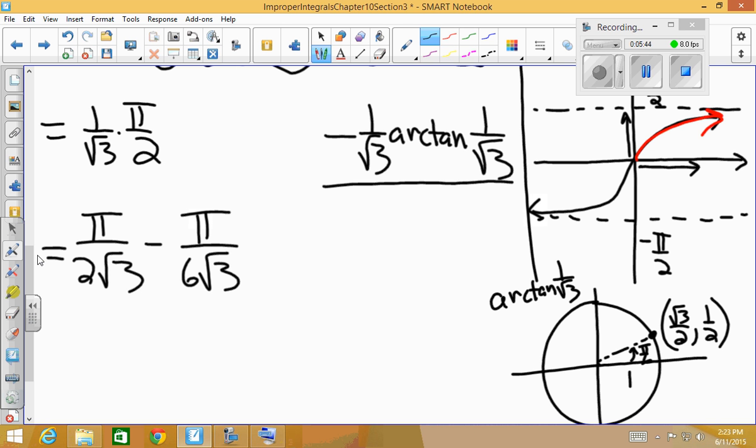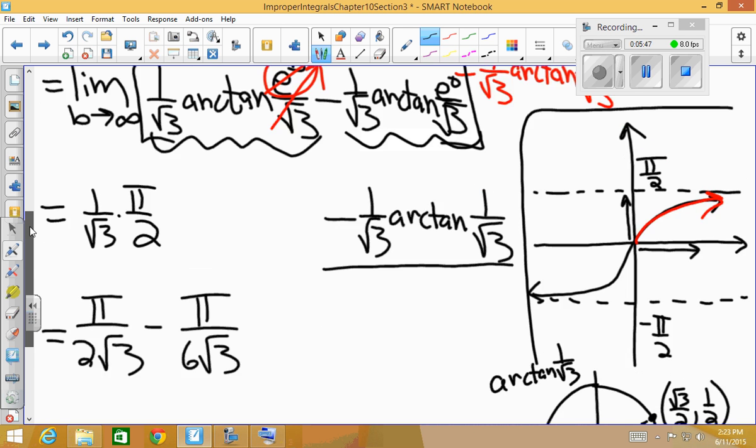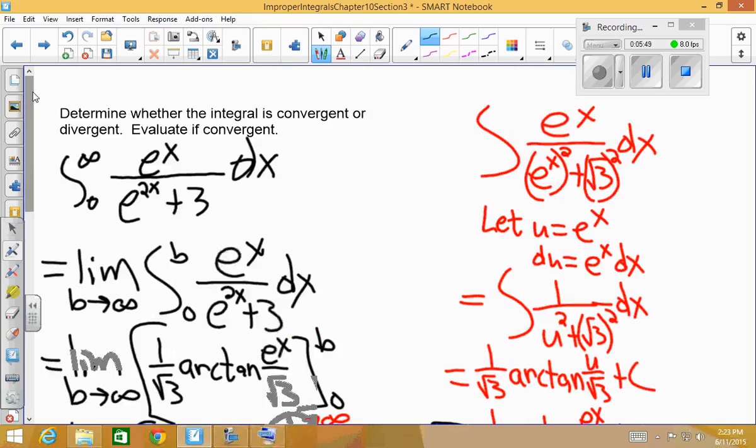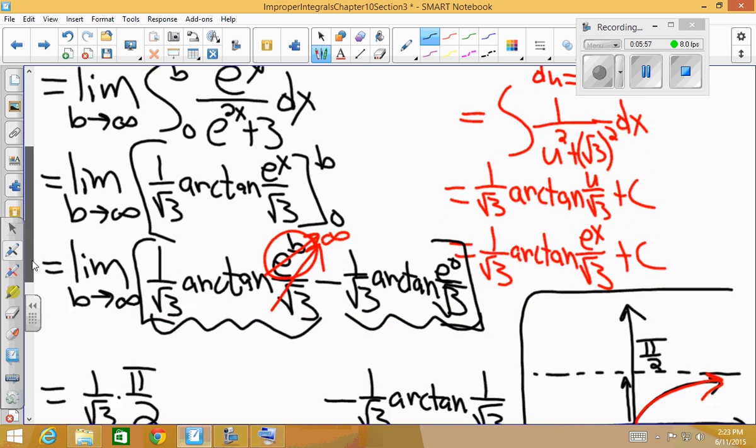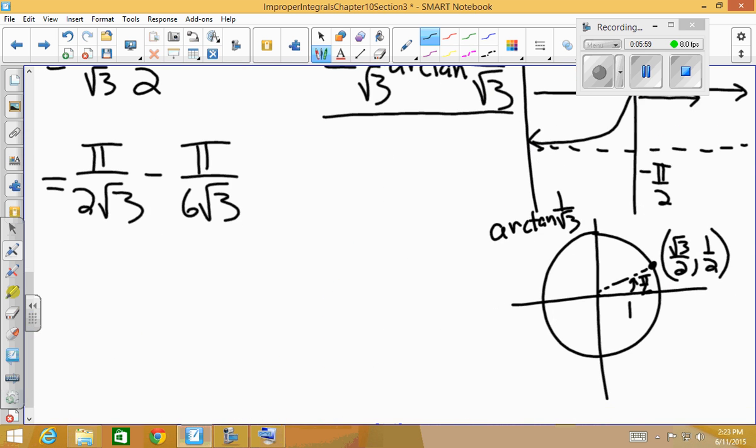This tells us that our integral that we started with, the integral from 0 to infinity of e to the x divided by e to the 2x plus 3 dx, converges and is equal to this value that we found.